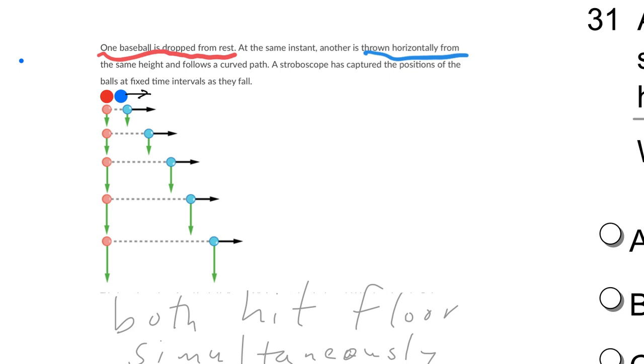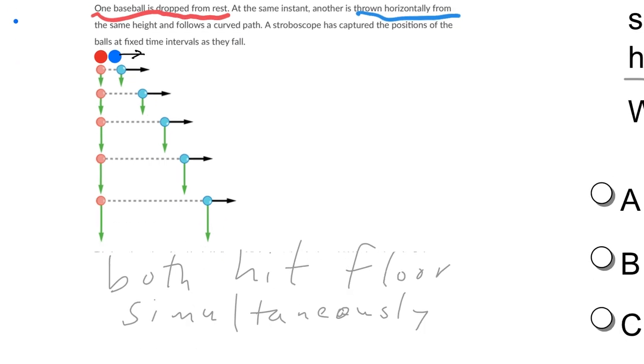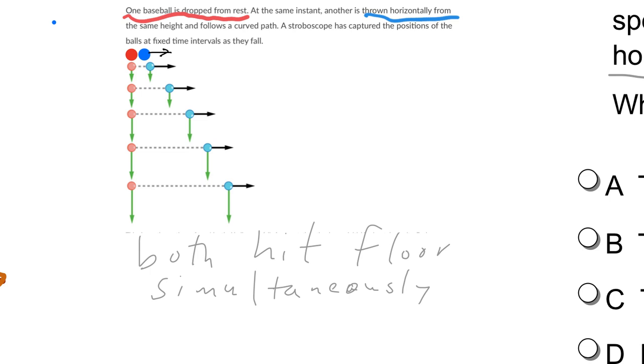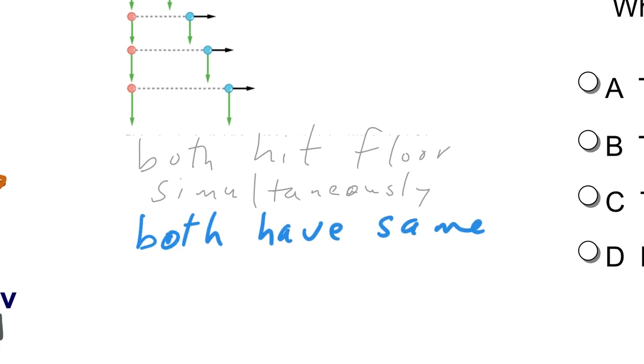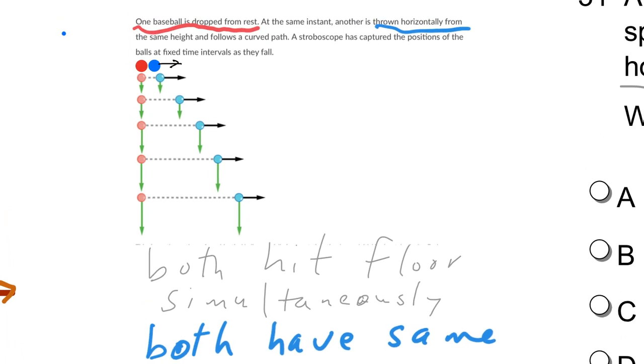If I dropped the ball at the same time that I threw a ball horizontally from the same height, they would hit the floor at the same time because they both have the same VOY, which in this case is 0.